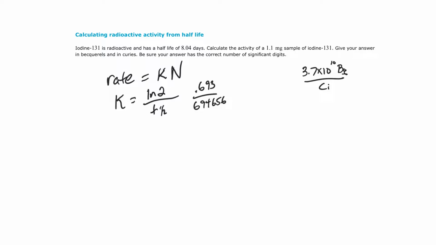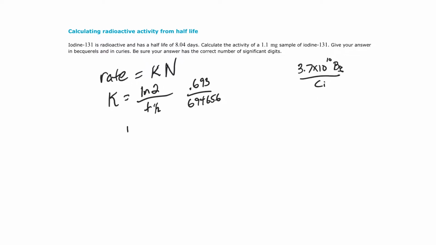So divide that out: 0.693 over that, and I get my K equals 9.98 times 10 to the minus 7.